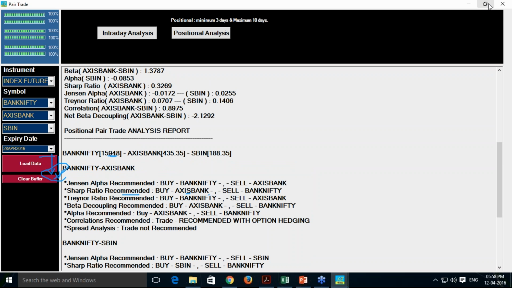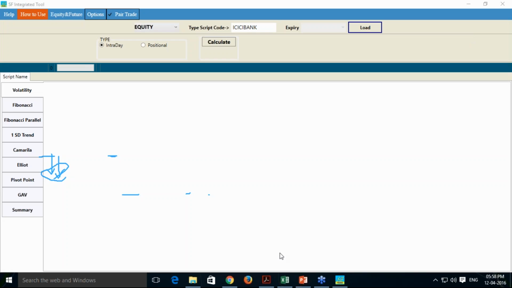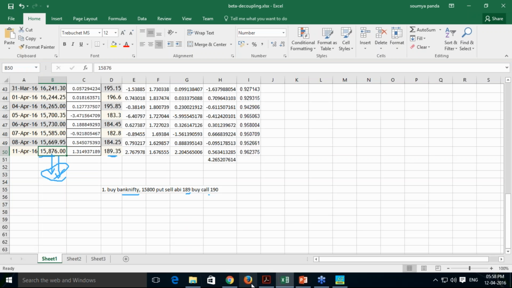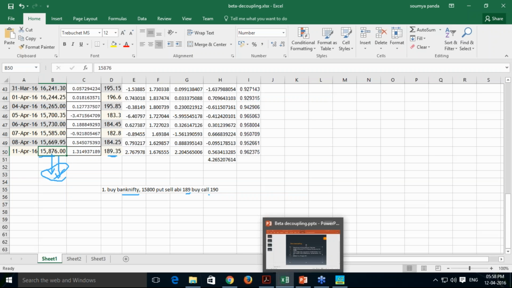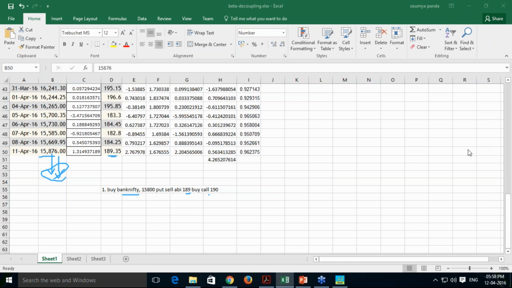The basic theme of this particular method is like this. Whenever beta decoupling goes above a particular band of +2 or -2, you initiate a trade, and to confirm and get more accuracy in this method, I have just told you a new thing: in this pair, wait for any one instrument in the pair to give you a buying or selling breakout as per the one standard deviation.